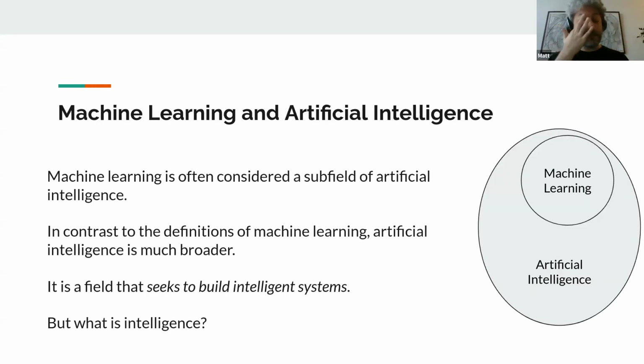I will add this because I think this is useful framing. There's a relationship between machine learning and artificial intelligence. Machine learning is often considered a subfield of artificial intelligence, but artificial intelligence as a field is much broader.